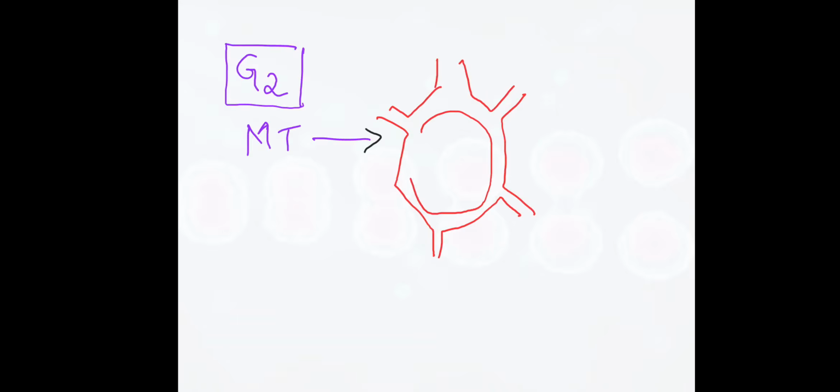Let me change the shape. If this is a plant cell having a plasma membrane inside, microtubules form a ring around the entire cell just beneath the plasma membrane. So it is called a pre-prophase band.